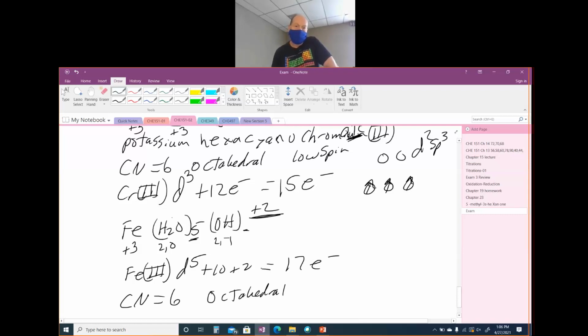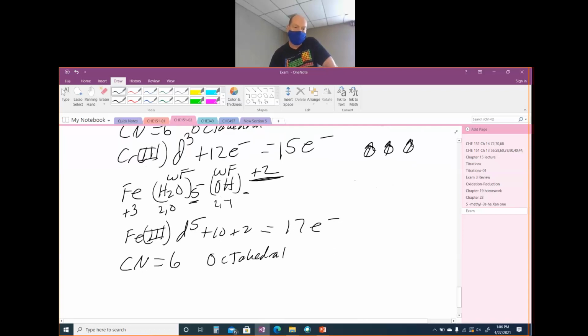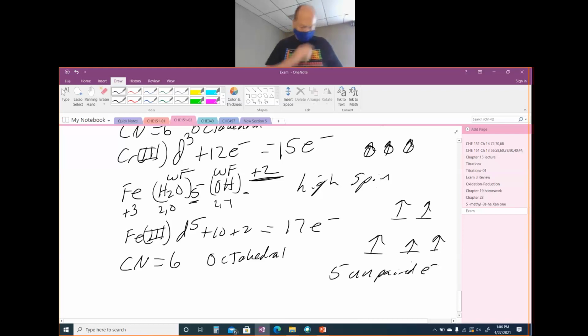These are all weak field ligands. All right, and so since we have all weak field ligands, then we have a high spin. And so when we put in our 5 electrons, they go high spin. And we have 5 unpaired electrons.